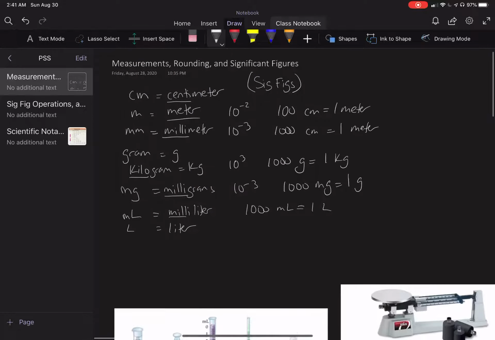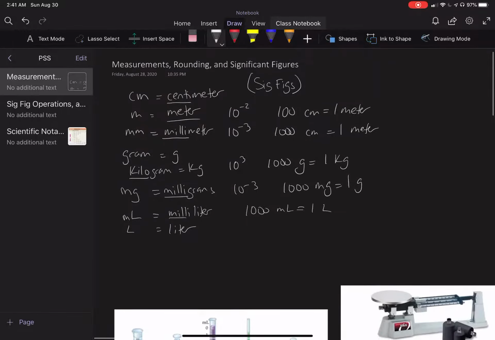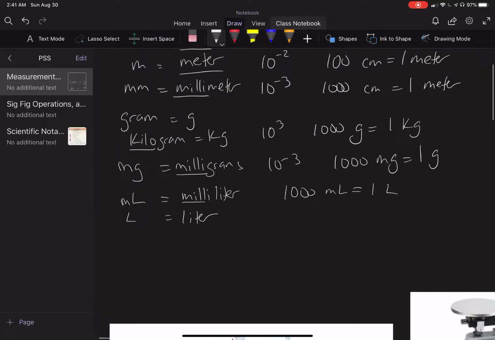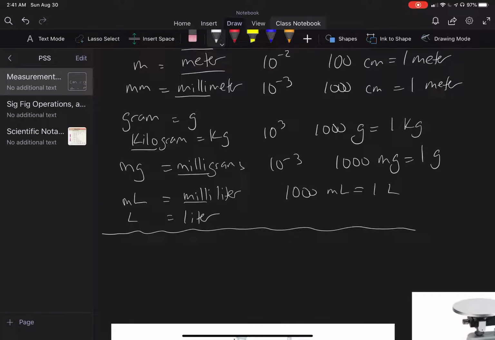So the next thing is rounding. I'm not sure if you're familiar with the rules of rounding already, but just to review, the general rule is that if we have a number, like say 10.49, and we wanted to round that to the tenths place, we look at the digit that comes right after it, and generally if it's 5 or higher, we would round up, and if it's 4 or lower, we round down.